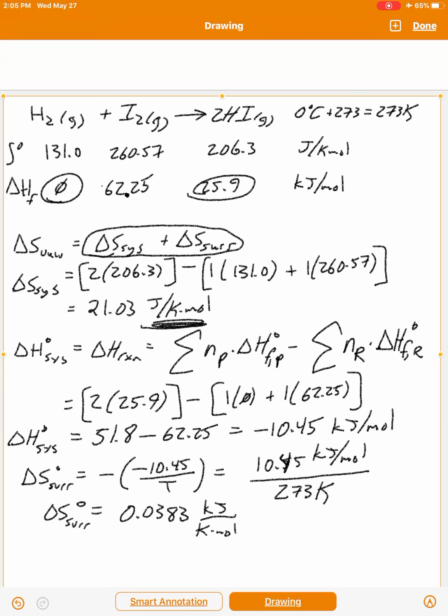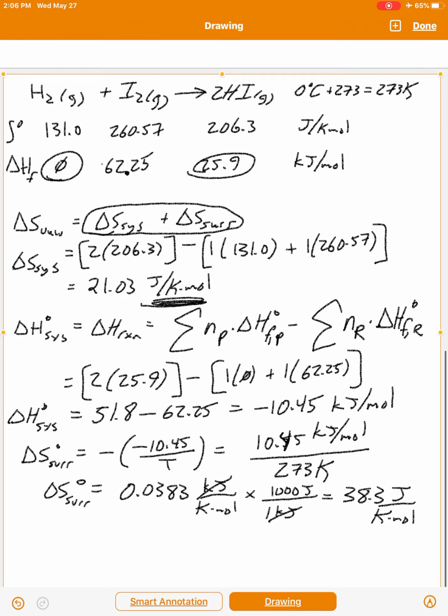So what I'm going to do is multiply this by 1,000 joules per kilojoule. That will eliminate the kilojoules, and we'll get 38.3 joules per kelvin mole. Okay? And that's essentially how it's done. Now, we can add those two values together.